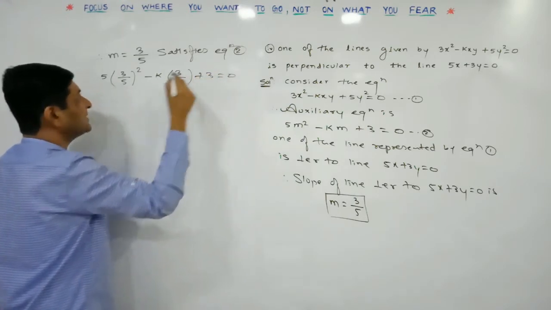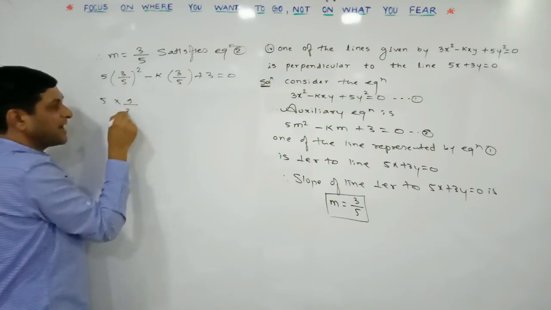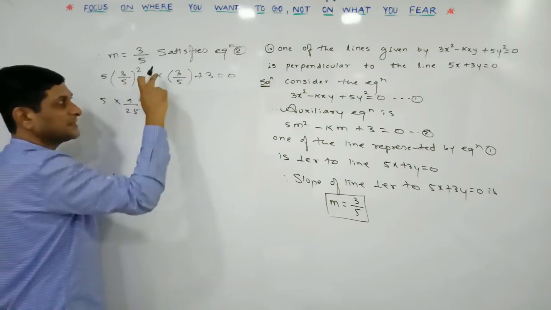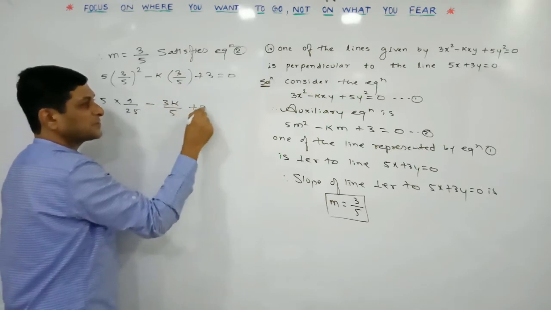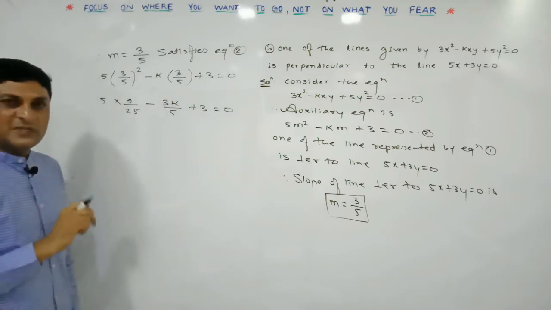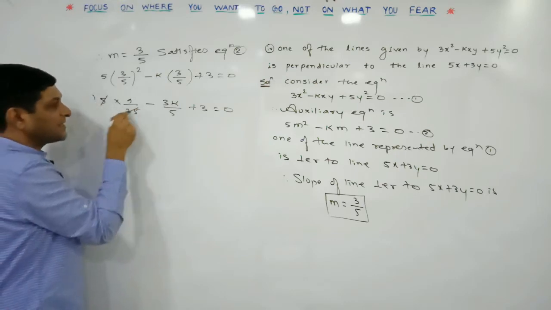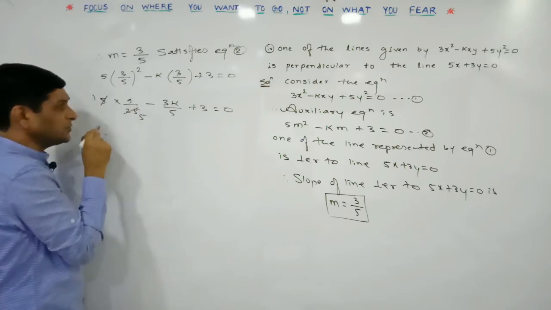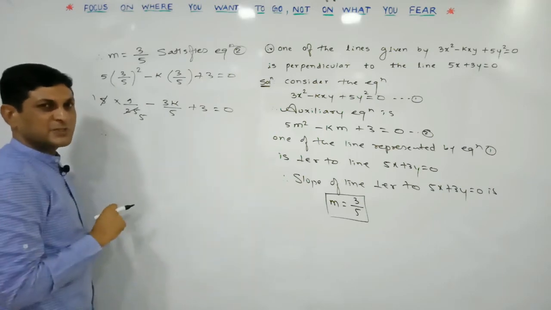Let us simplify it. So 5, keep it as it is. What is the square of 3 by 5? It will be 9 by 25 minus k into 3 by 5, minus 3k by 5 plus 3 is equal to 0. Now we have got one equation in terms of k. Solving this equation we are able to find out the value of k. To eliminate this 5 from the denominator, I am multiplying both sides by 5.